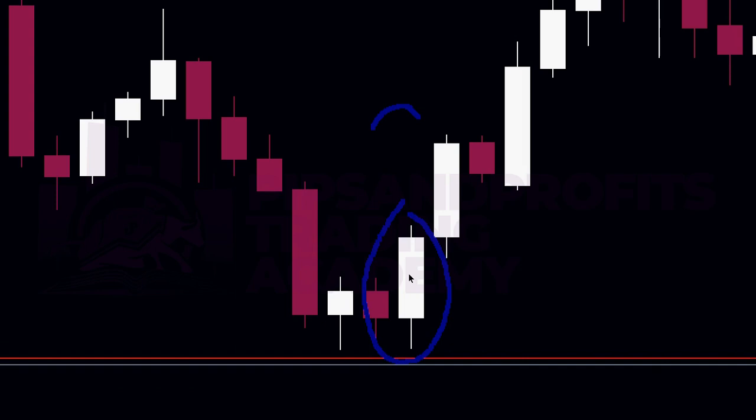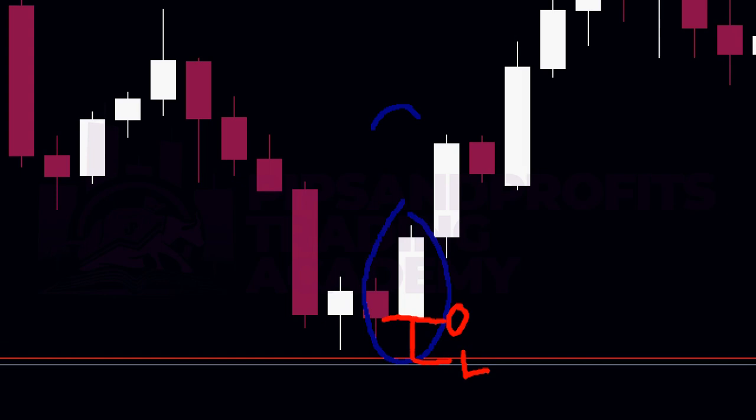You can see that it started from a lower point. Okay. So this is our opening. Then it made a low. So this is a low.